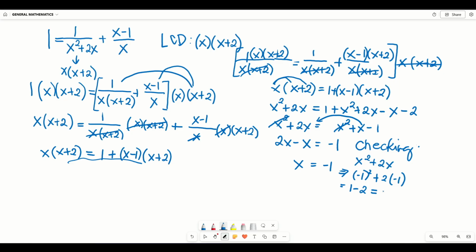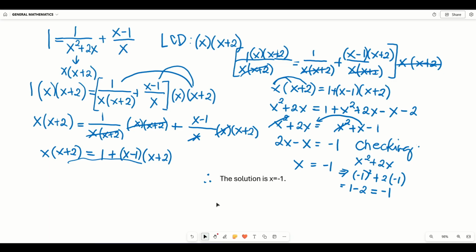And that is equal to negative 1. And ang isa naman nating denominator is x. So, if we substitute x is equal to negative 1, hindi siya mag-result to a 0 in the denominator. So, we can conclude that, therefore, the solution is x is equal to negative 1.